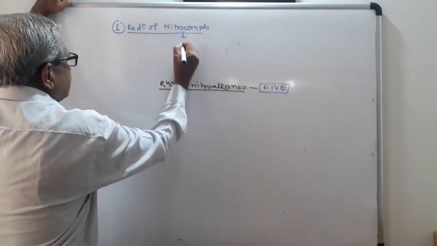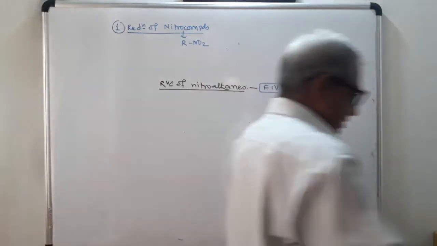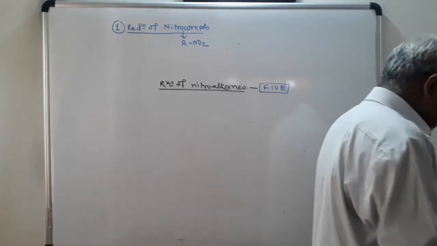Nitro compounds are shortly denoted as RNO2. So I will explain the reduction of nitro compounds here.